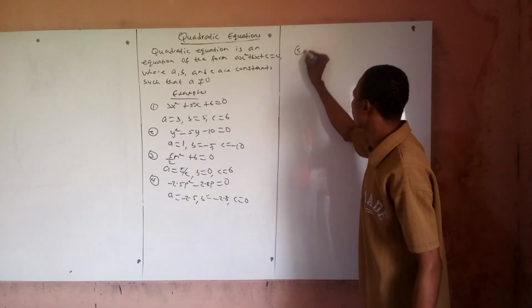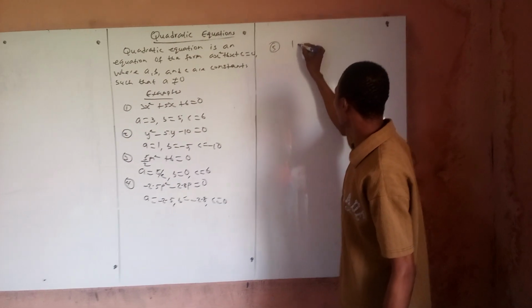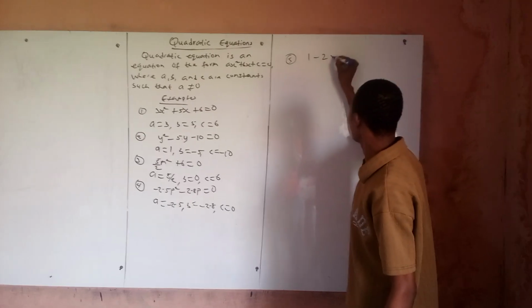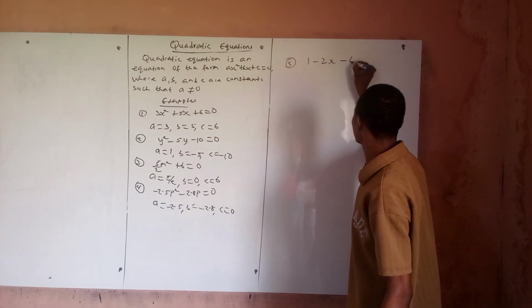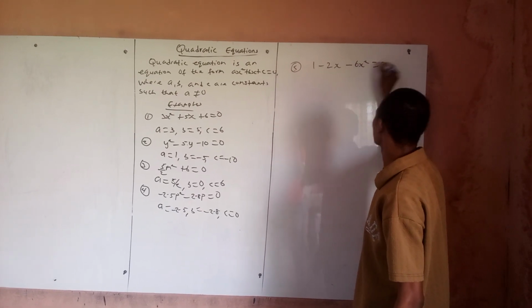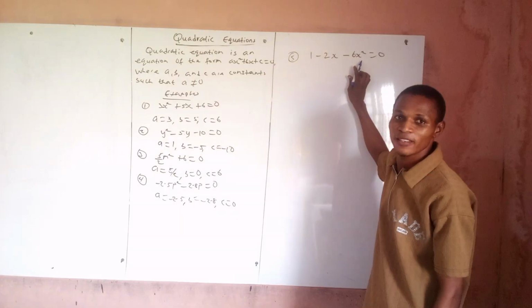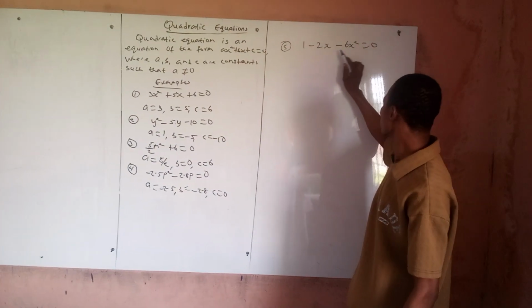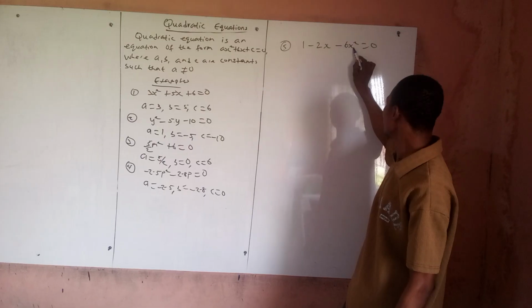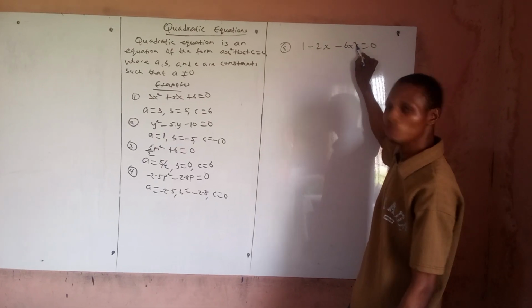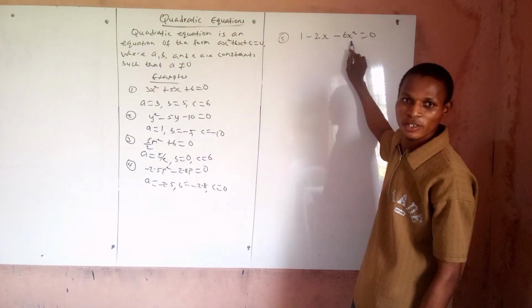Number 5: 1 minus 2x minus 6x squared equals 0. Is this a quadratic equation? Yes, because this is a quadratic equation in x. You can see the highest degree of the unknown is 2.